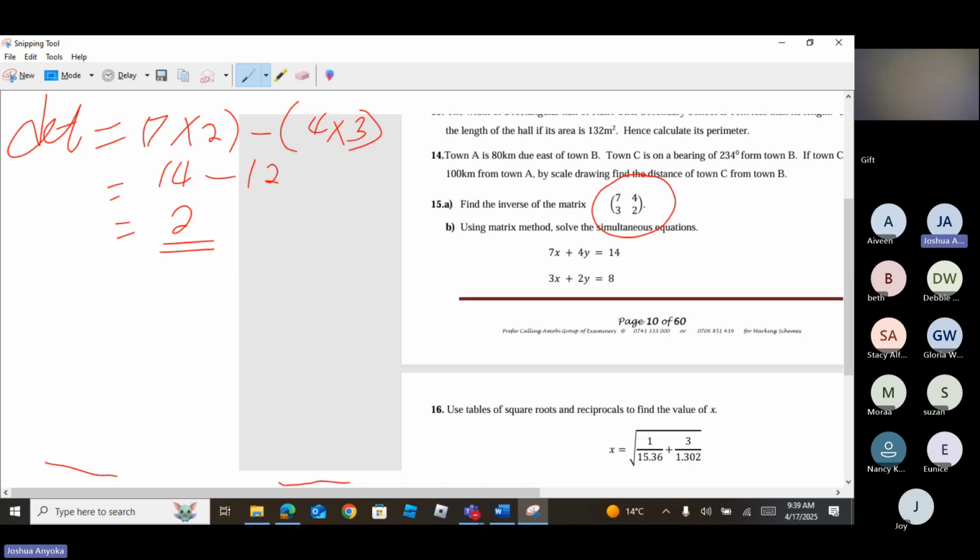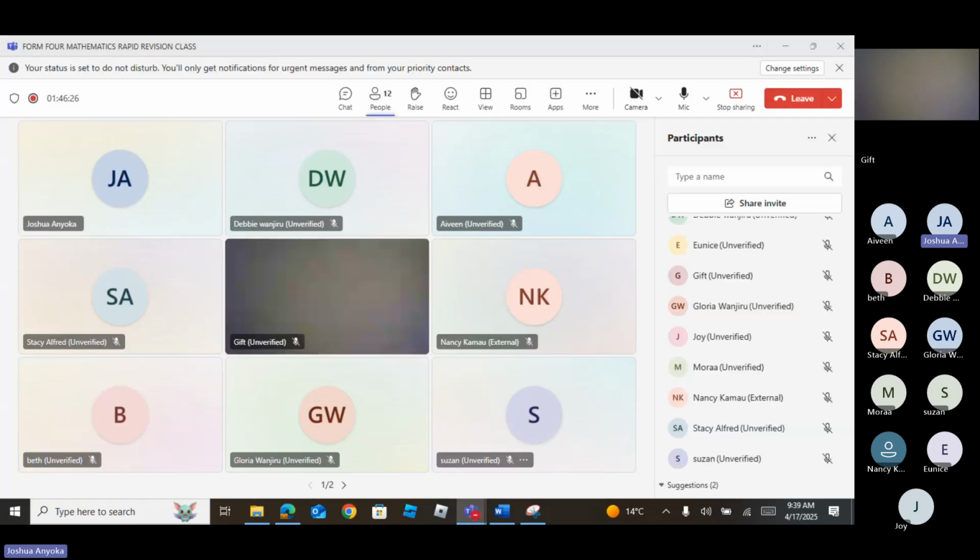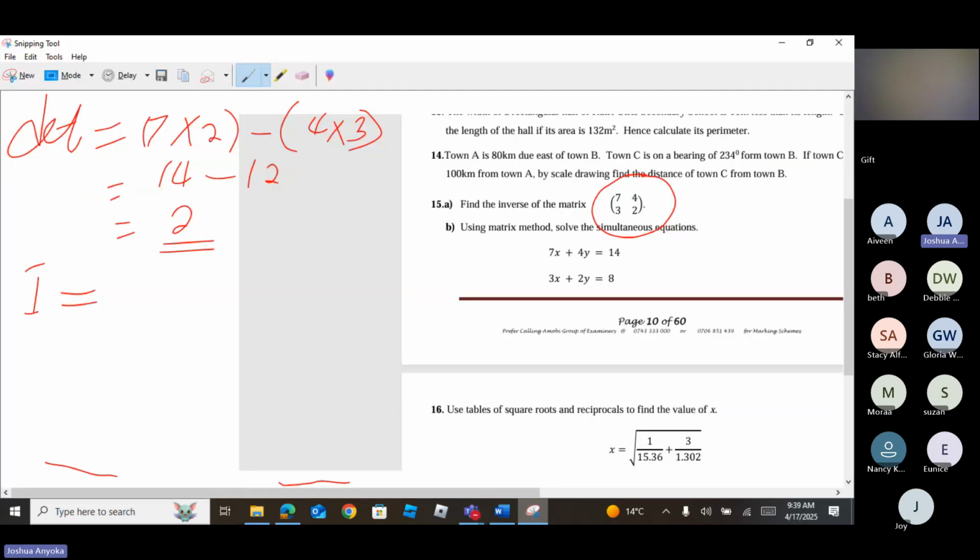Then now we want the inverse. What is the inverse of this one? Get us the process of getting the inverse.